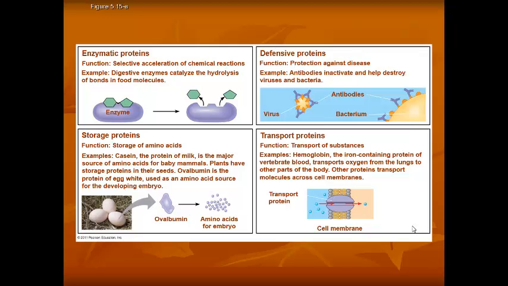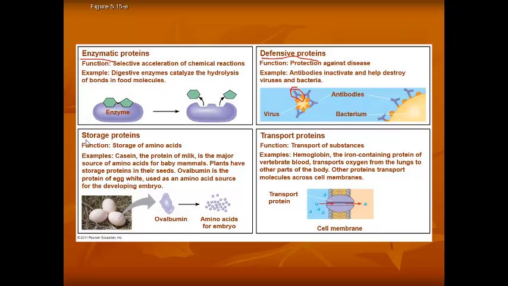Proteins are going to perform all the major functions within the body. Proteins function as enzymes. Enzymes are used to speed up all of our chemical reactions. Proteins are used in the immune system, right? They are antibodies, which are going to destroy foreign invaders like bacteria and viruses.